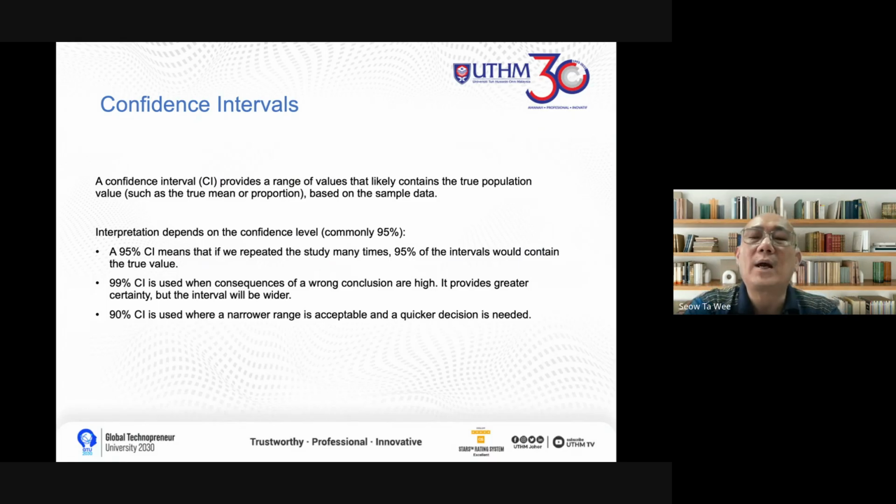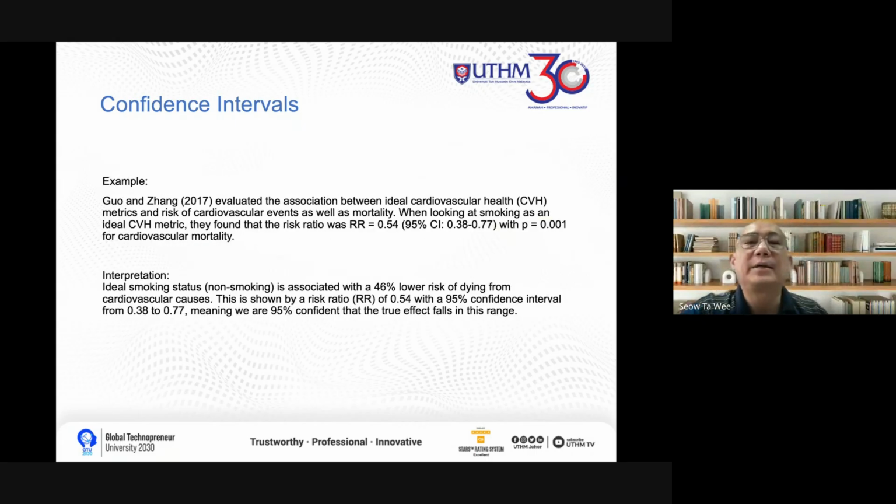So when we want to run many analyses, we can set it at 90%, meaning more people can accept it, compared to a 95% CI. So we look at this example.